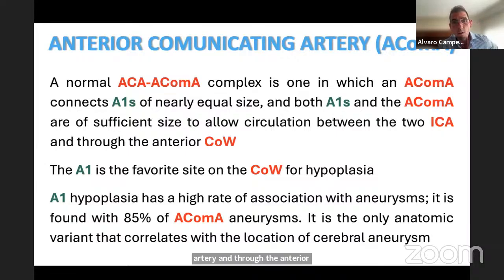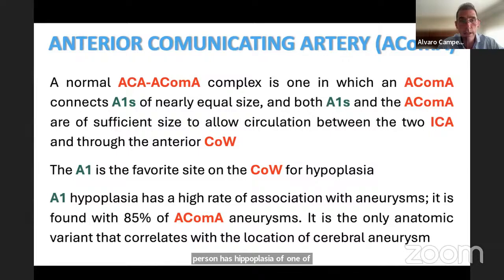But the A1 is the favorite site on the circle of Willis for hypoplasia. Many people have hypoplasia of one of the two A1s.